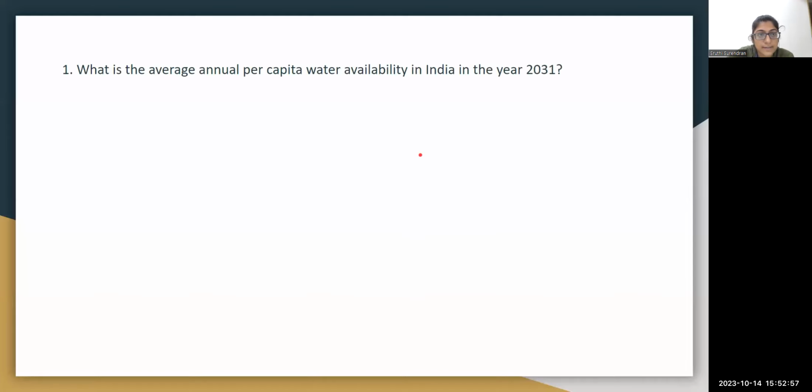So here the question: what is the average annual per capita water availability in India in the year 2031? The first series of lectures is talking about per capita water availability, about the Ministry of Housing and Urban Affairs, about Jal Jeevan Shakti, the Ministry of Water Resources, which is Jal Shakti.